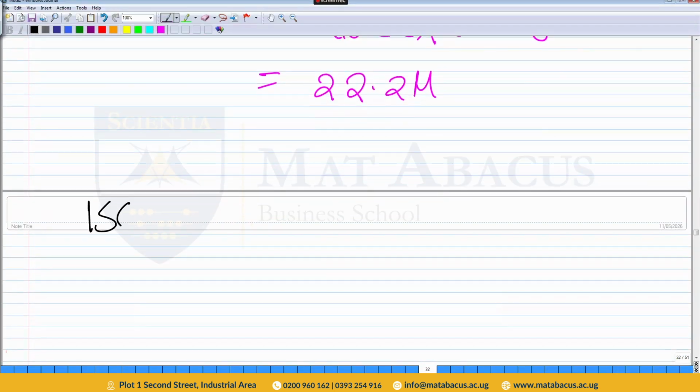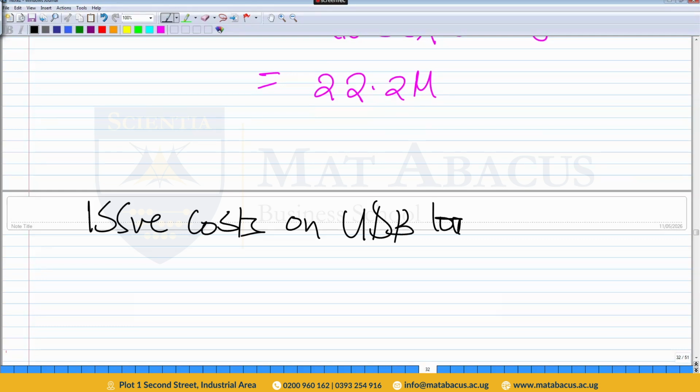Now you go to UDB loan. You go to issue cost on UDB loan. If we go to the question, the UDB loan, we managed to get it as 1625 million. What is the issue cost there?